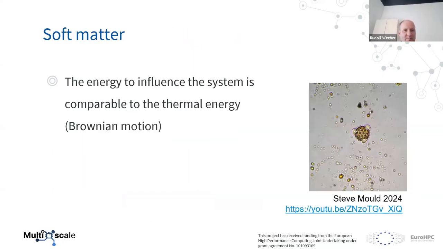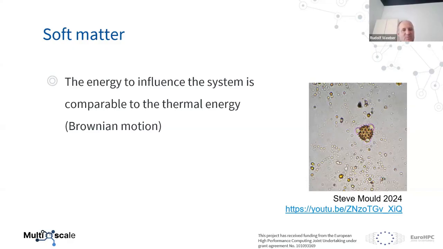Let's move on. To give you a bit of background for the applications or research questions for which the software is used, let me very briefly talk about soft matter science. So soft matter science typically happens at a scale between nanometers and microns. And at this scale, the energies that are required to influence the system, for instance, to deform it or to move components, are roughly comparable to the thermal energy.